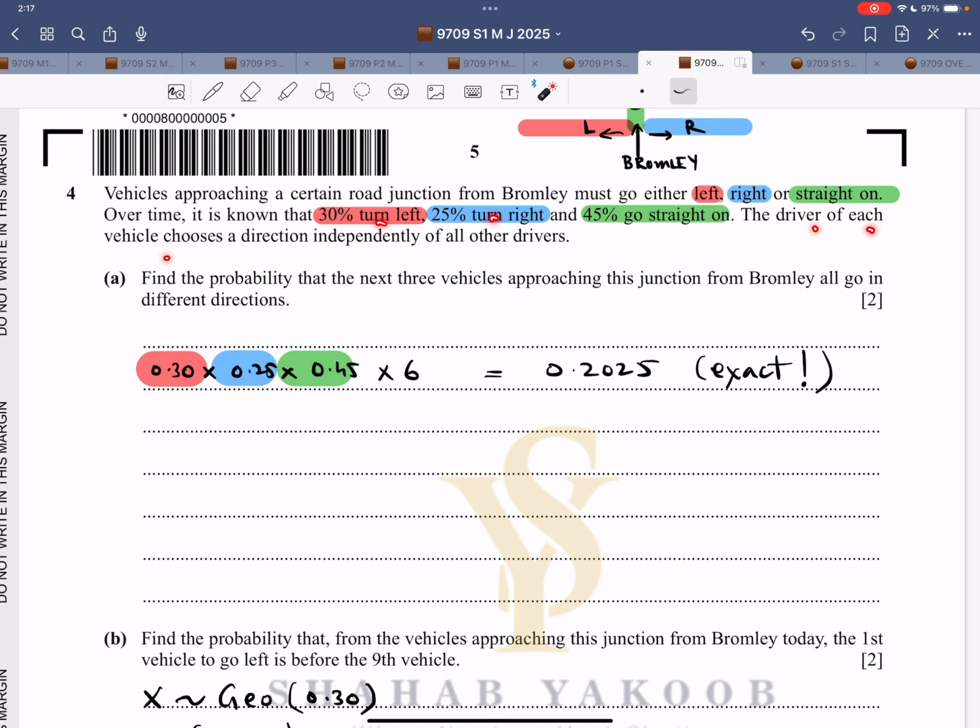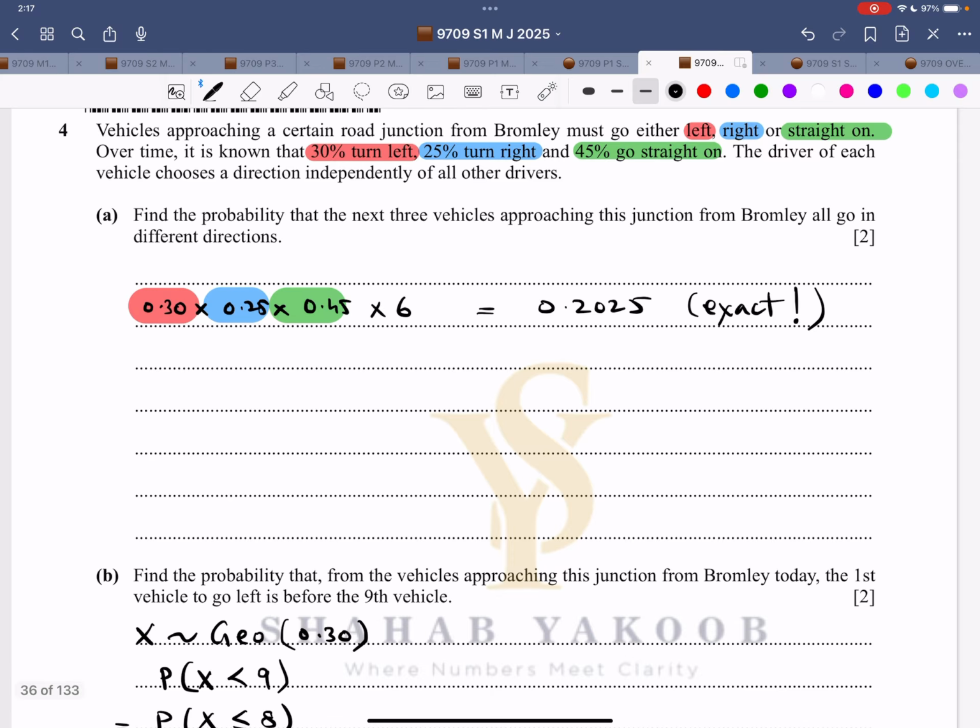The driver of each vehicle chooses a direction independently. Find the probability of the next 3 vehicles, all go in different direction. So they can go left, or they can go right, or they can go straight on, but in different orders in 6 different possible ways. How do I know that? Because this 6 is basically left, right and straight, left, straight and right.